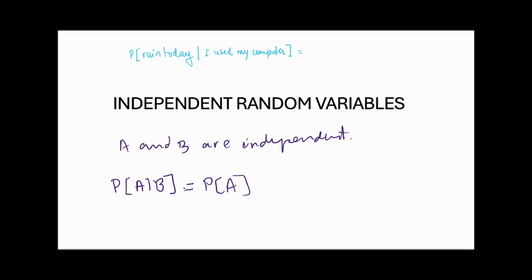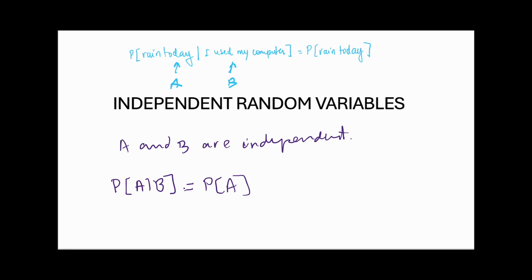So this will be equal just to the probability of rain. The rain depends on the forecast, on the pressure and temperature and the humidity, not on whether you used your computer. Okay? So these were events, A and B, for example, right?